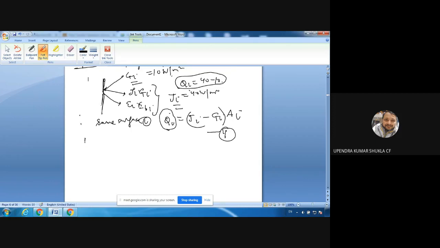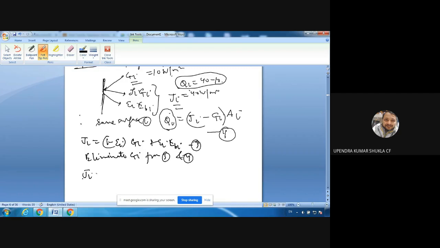Equation 3 is: Ji is equal to (1 minus epsilon I) Gi plus epsilon I Ebi. Now from 3 and 4, eliminate Gi. What will you get by eliminating Gi?